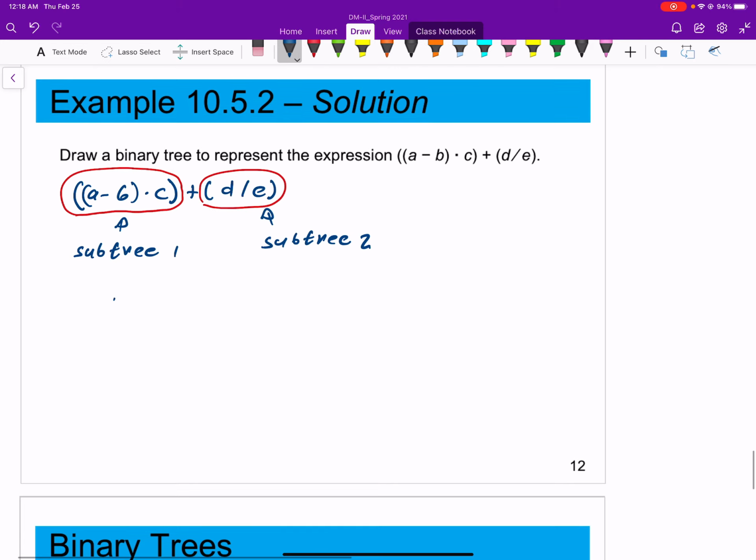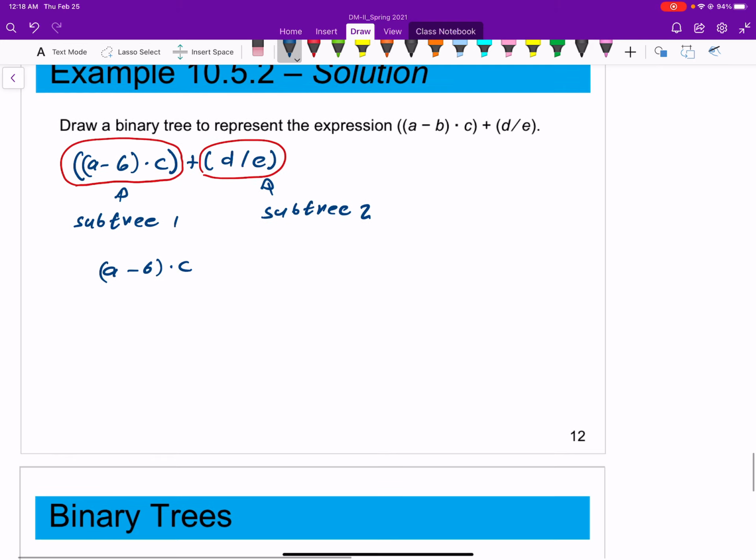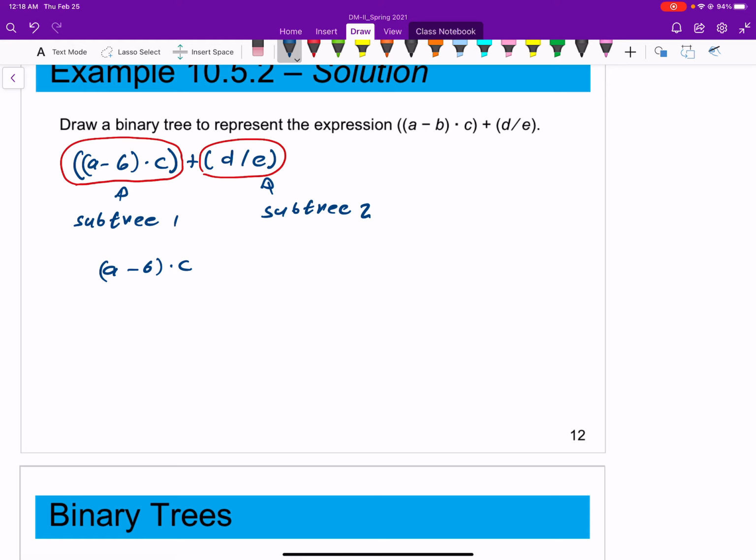Let me write that down. A minus B times C, which is still complicated. So I can represent that one like this. I'm going to split that into another two pieces. This separately, that separately.